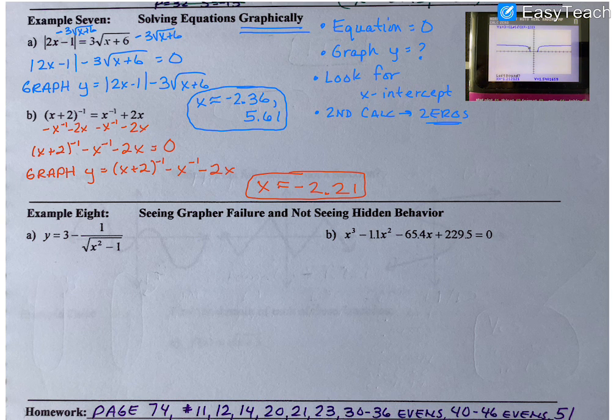I'm left of where I hope it crosses the x-axis, or it shouldn't even say cross, but touches. I'm going to hit enter. Then for my right bound, I'm in that zone where there is no graph, and I'm going to put my right bound there. But what it has in between is what we hope is where it touches the x-axis. For the guess, best I can do is get my cursor right there and hit enter.